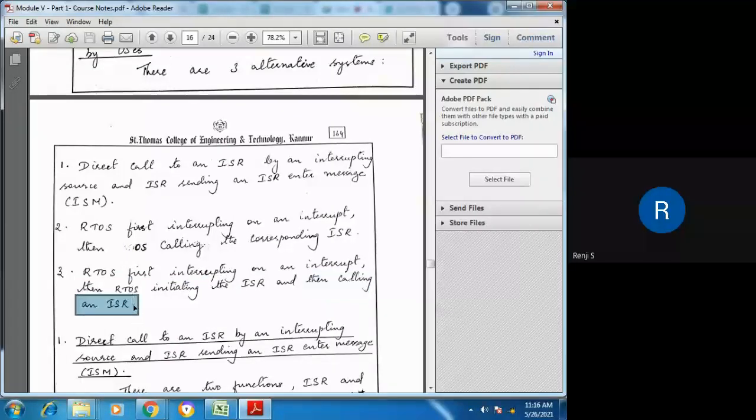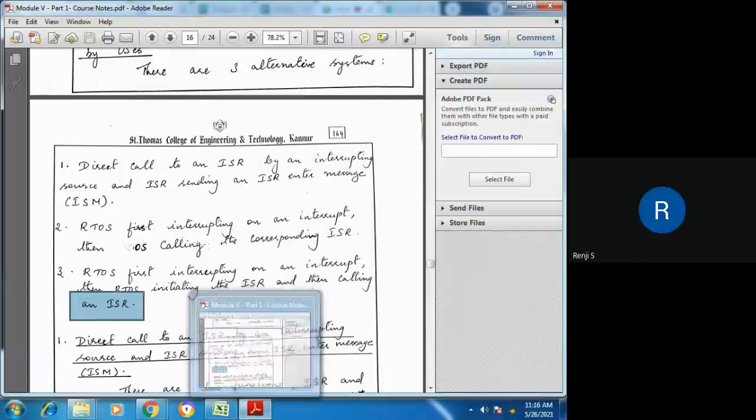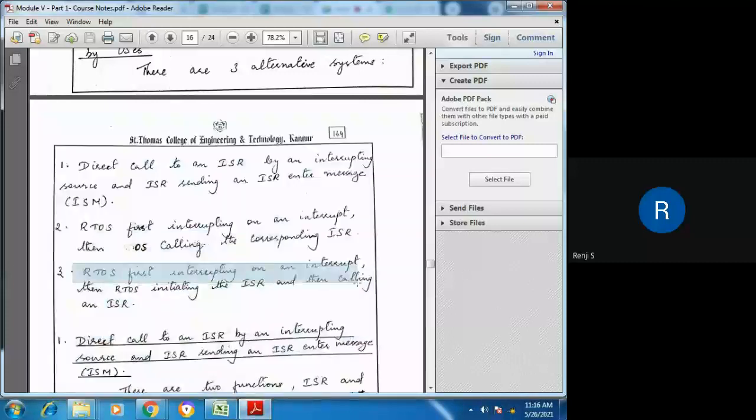So instead of directly servicing the ISR, the RTOS will call an intermediate ISR, and this ISR will check the priority and then call the ISR that has arrived if it has higher priority than the currently running task. Okay. So RTOS getting interrupted means the interrupt source is sending a request to the RTOS.